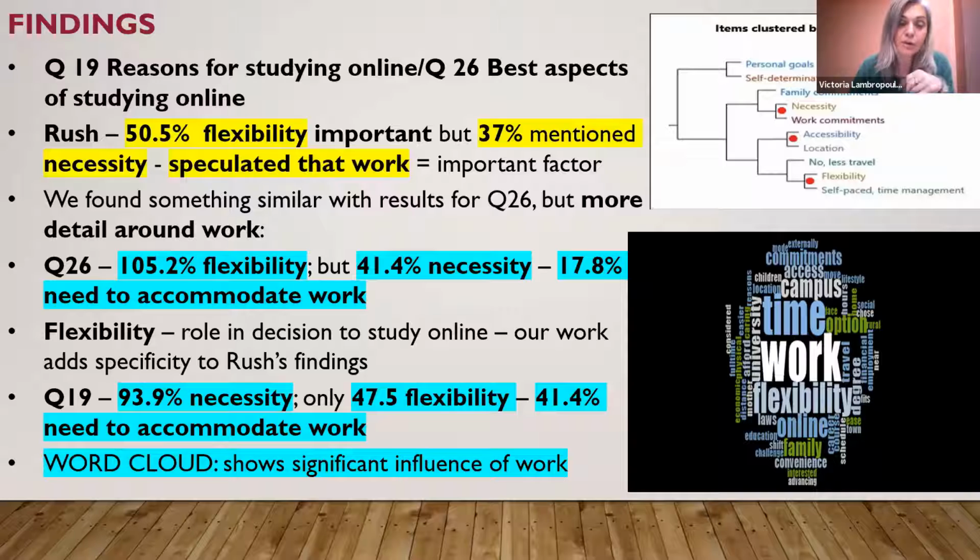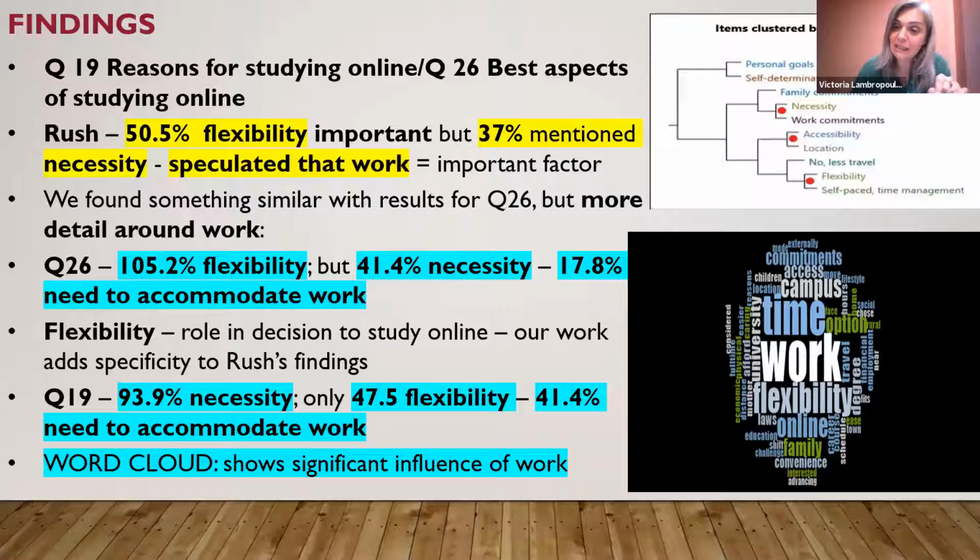Clearly flexibility is important, but where this study is really adding to this area is our question 19, which Rush did not have. Our question 19 said this: what were your reasons for choosing to study law online? The responses were necessity, 93.9%.